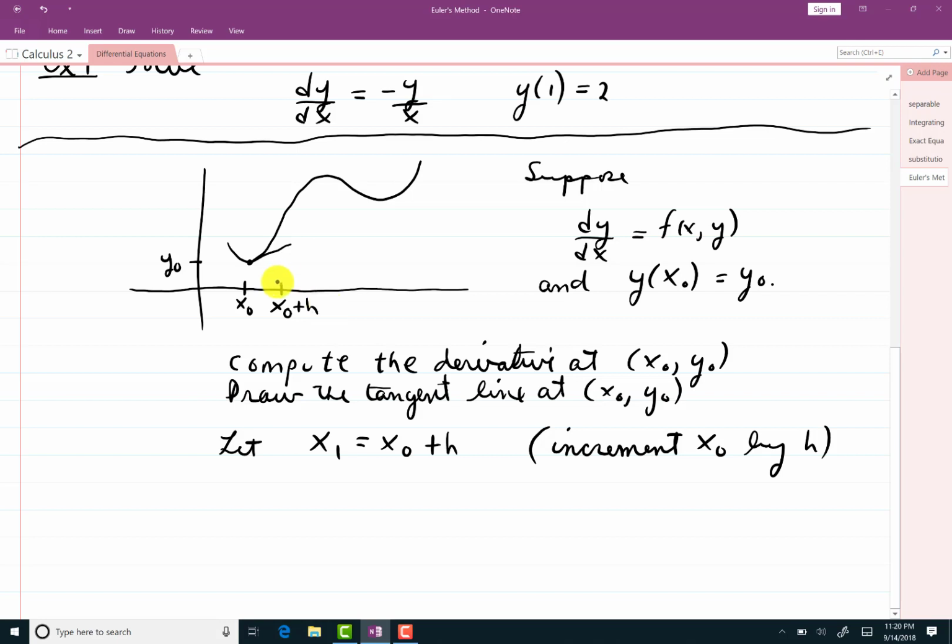Now locate x sub 0 plus h on the tangent line. So go up from x naught plus h to the tangent line.